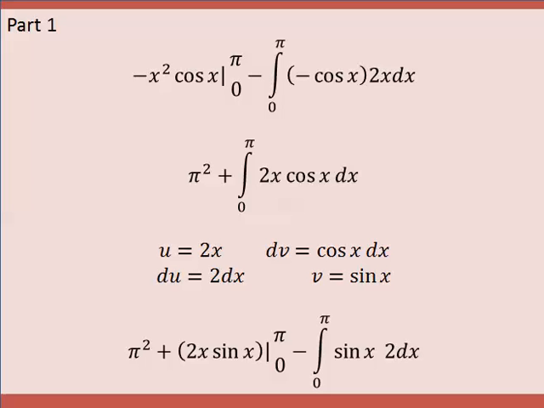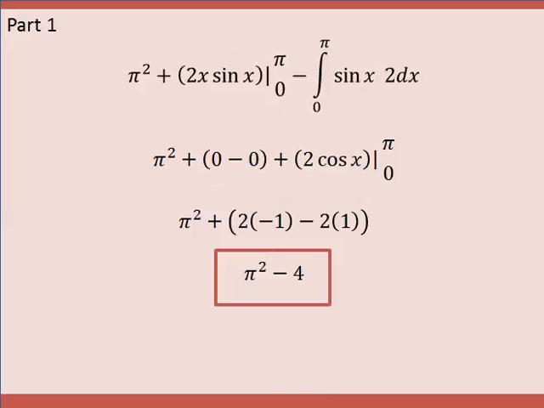When we do integration by parts, the uv equals 2x sine x, and the du v equals twice sine x dx. Sine x evaluated both at pi and at 0 is equal to 0.